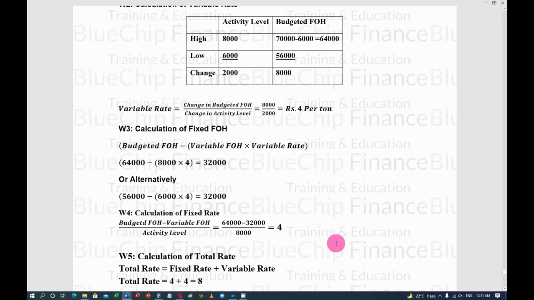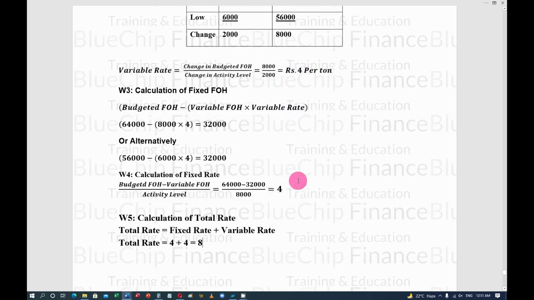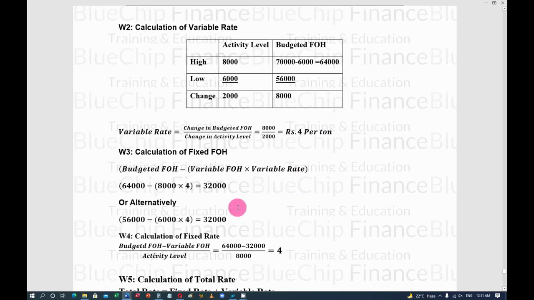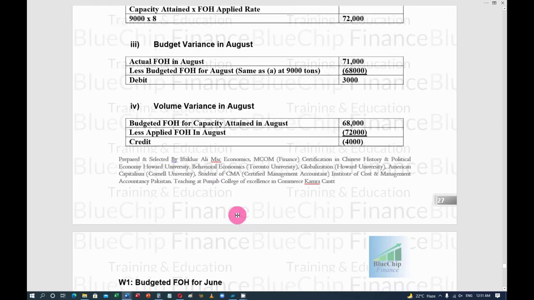Total rate or absorption rate, as you know, equals fixed rate plus variable rate. So 4 plus 4 equals 8. So your absorption rate is 8, your fixed rate is 4, your variable rate is 4, and your fixed FOH is 32,000. Now we are in a position to do our calculations.